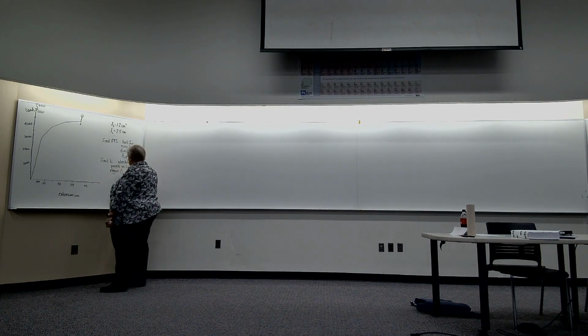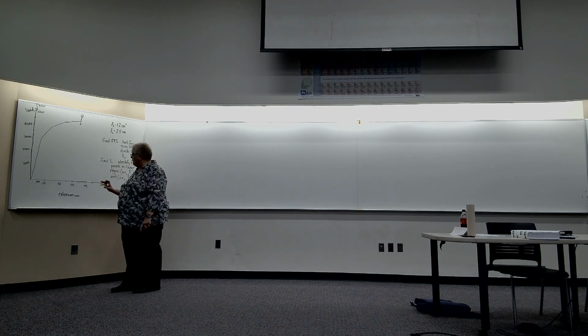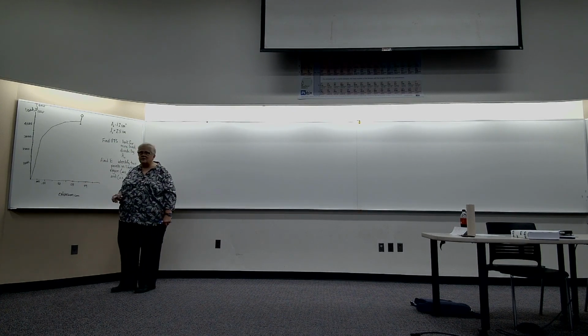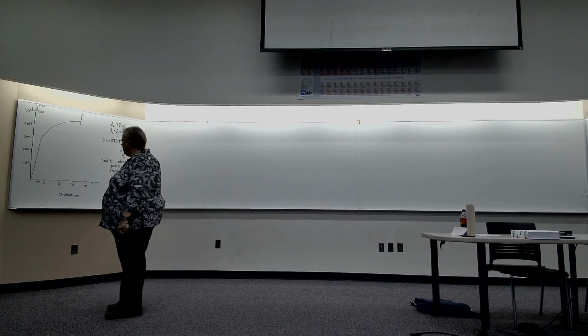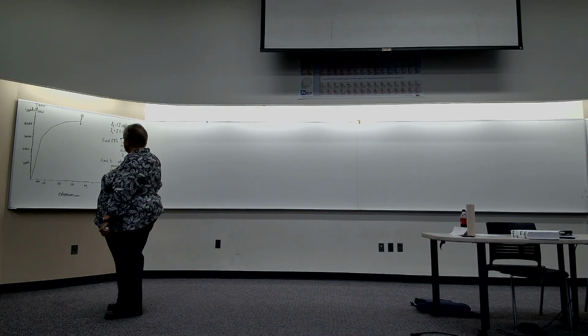Load, let's see, it would be XY. So it would be delta X1, load 1, and delta X2, load 2. This x-axis is not the length, but the change in length. Okay? So I have a bunch of different delta x values.